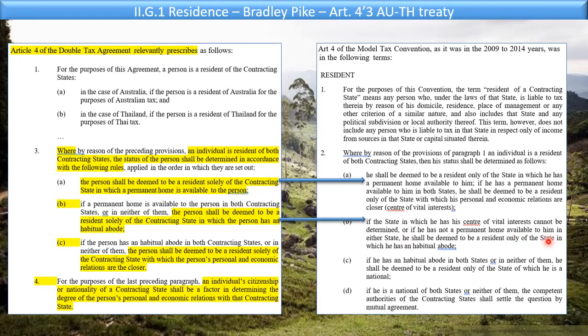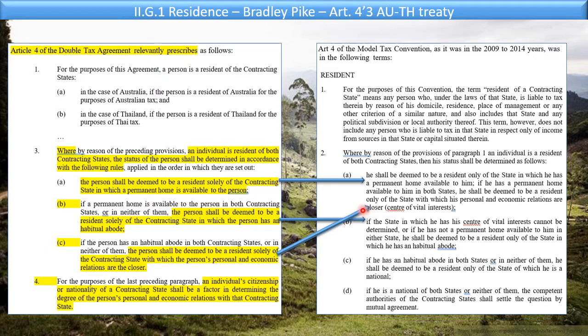So that matches, but the conditions do not match, because in letter C of paragraph 3 of the Australia-Thailand Treaty it says that if the person has an habitual abode in both or neither of the states, then the person shall be deemed to be a resident solely of the contracting state with which the person's personal and economic relations are closer.